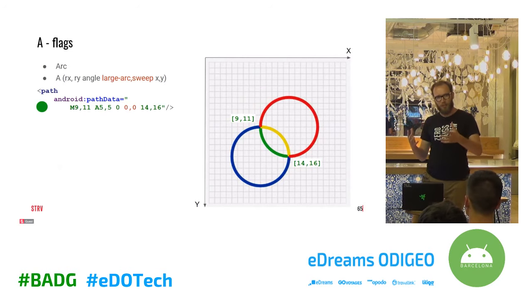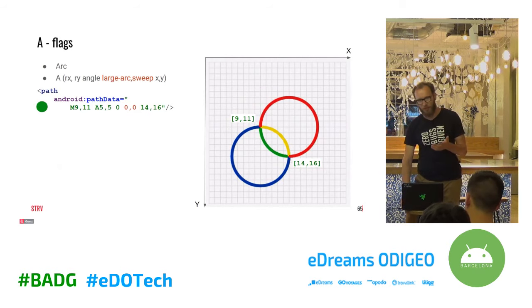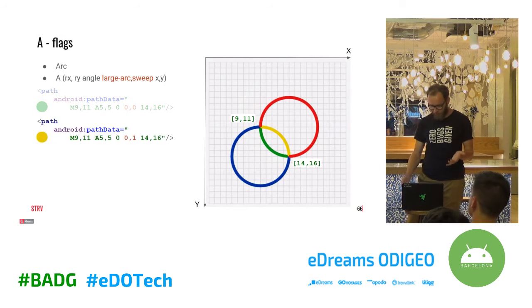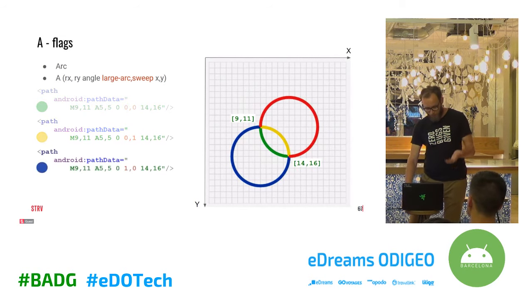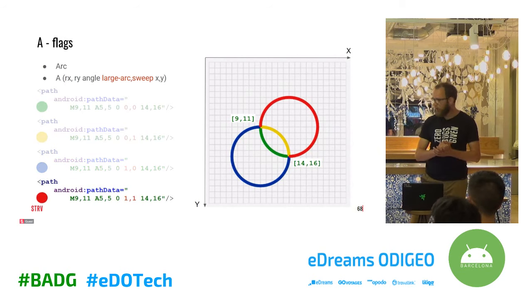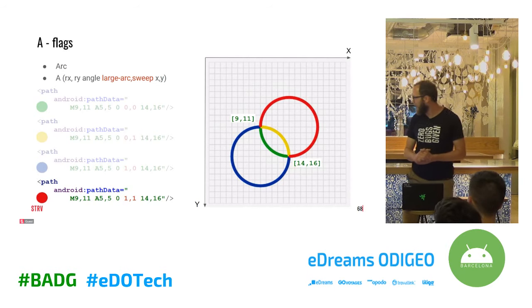So this is where the flags come into play. They're called large arc and sweep. Based on how you set the values, all 4 combinations will create one of the shapes. I made them the color that they represent here. So yeah, I guess that's pretty self-explanatory how it works.